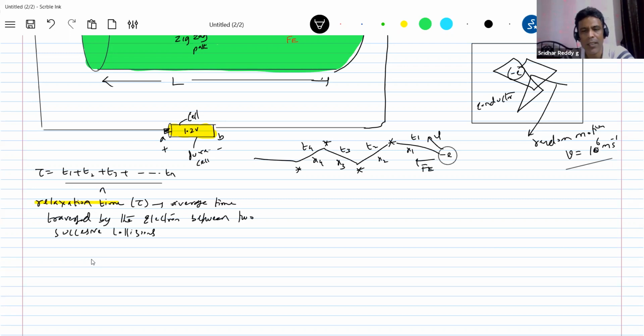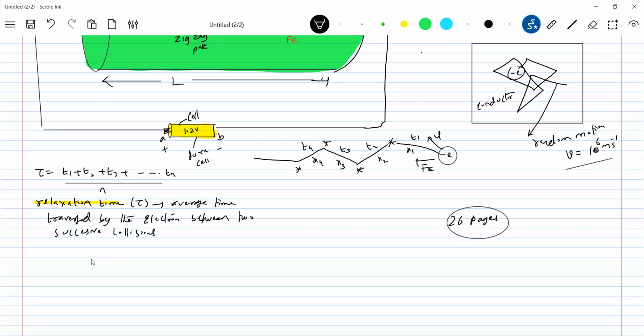But in depth, there are almost around 26 pages, which I'm going to conclude within 10 minutes. The description of motion of charge particles in a conductor and how electrical resistance is determined is all there in 26 pages. We're just brushing up things.